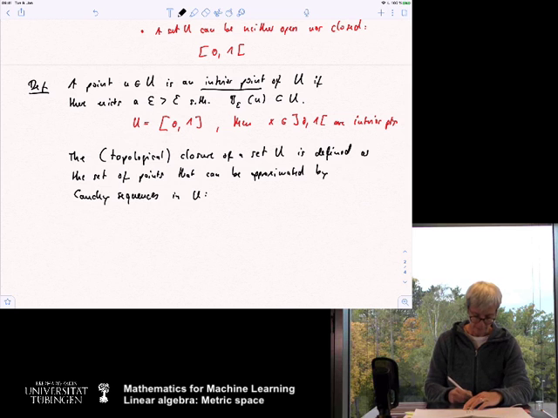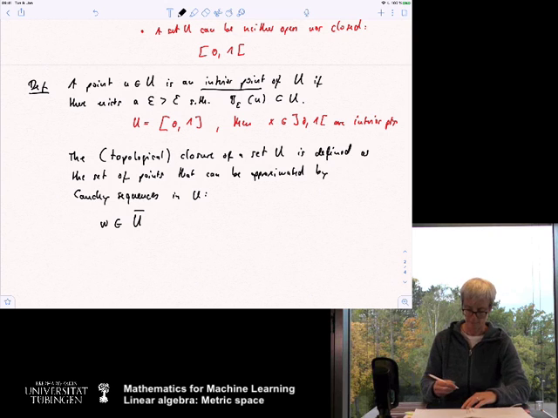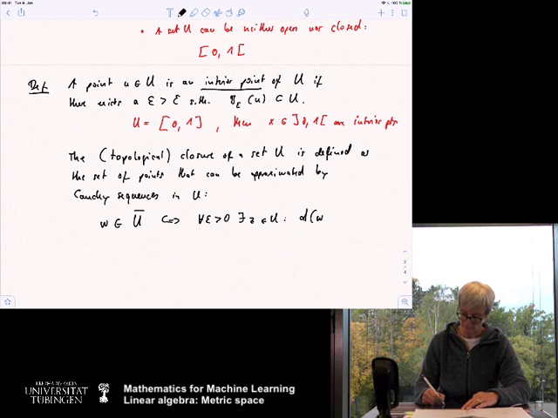If you want to see it a bit more formally, we say a point W is in U bar, and we are going to denote the closure with U bar. I haven't said that before. This holds if and only if, for all epsilon larger than 0, there exists some Z in U such that the distance d(W, Z) is smaller than epsilon.